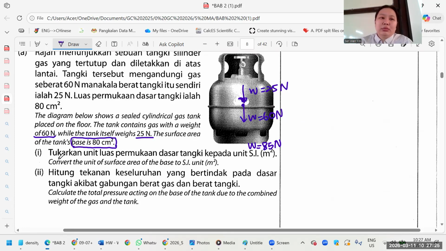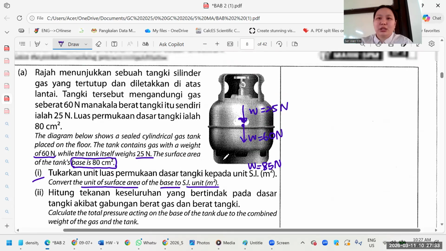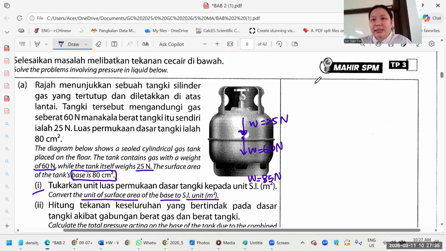Number one, convert the unit of surface area to the SI unit. Means you need to change 80 centimeter square to how many meter square? Divide by how much?